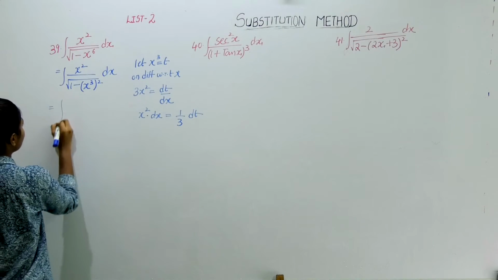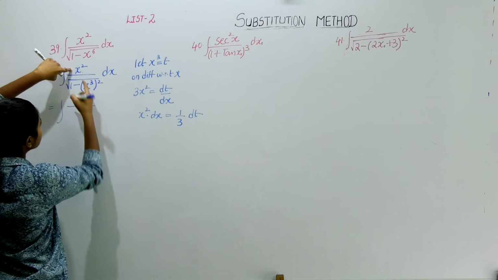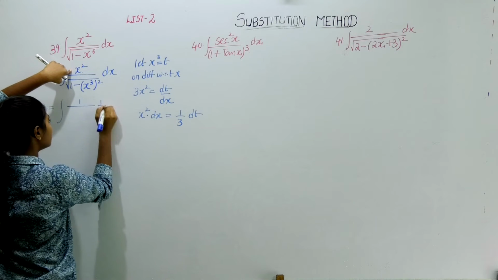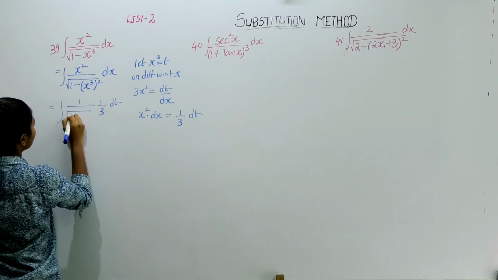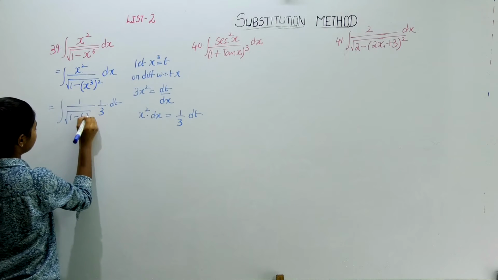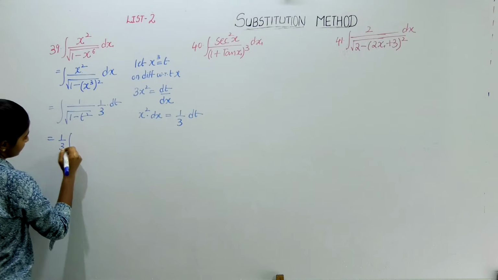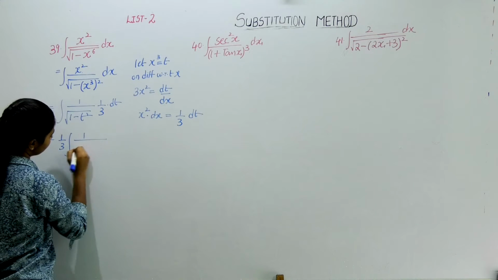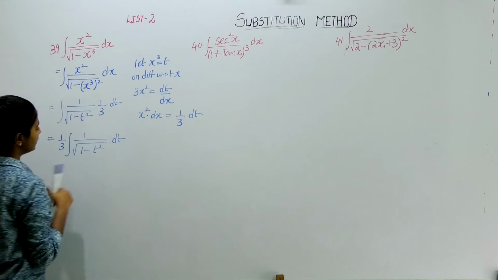Now, in the place of x square dx, I substitute 1 by 3 dt. And in the denominator, square root of 1 minus, in the place of x cube, t square. Here 1 by 3 is a constant, take it out of the integration, 1 by 3 integral 1 by square root of 1 minus t square into dt.